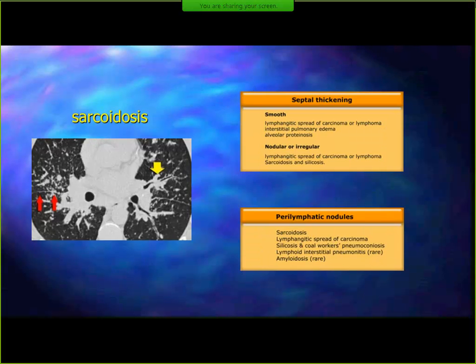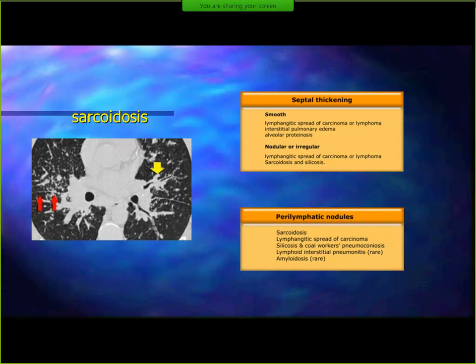So sarcoid, just by looking, you could have septal thickening. Sarcoid is always nodular and irregular. If it's smooth, it's something else, like CHF for example, or something more benign. But nodular is sarcoid or lymphangitic spread of cancer.